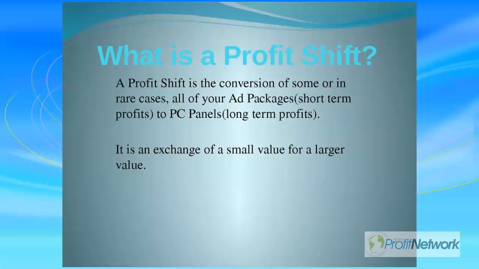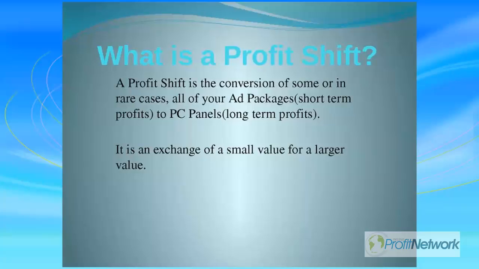So with the profit shift that just took place, if you notice in your account, let's say you had 100 ad packages. During the profit shift, if they converted 50% of those ad packages, now you would have 50 ad packages.